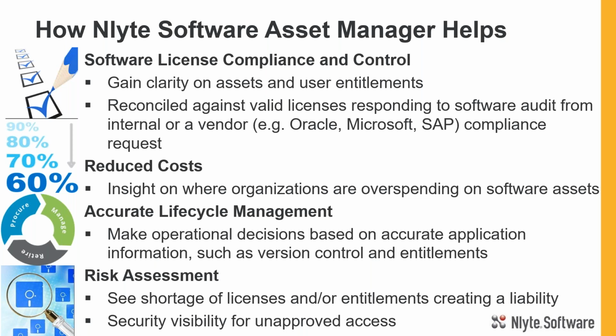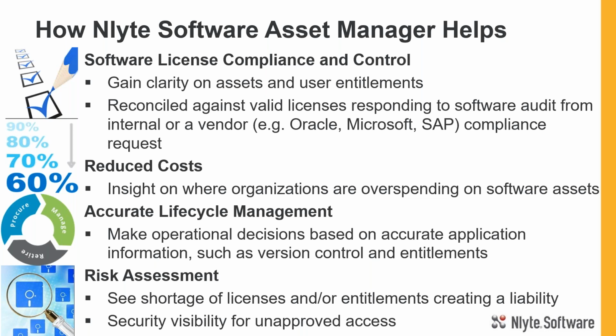But having version control, versioning understanding, and an understanding of the entitlements and how that changes over time and who's using the applications from the usage perspective, it gives you all the insight, gives you the pieces of the puzzle, and the Nlyte Software Asset Manager will help you put the pieces of the puzzle in the right place for you.